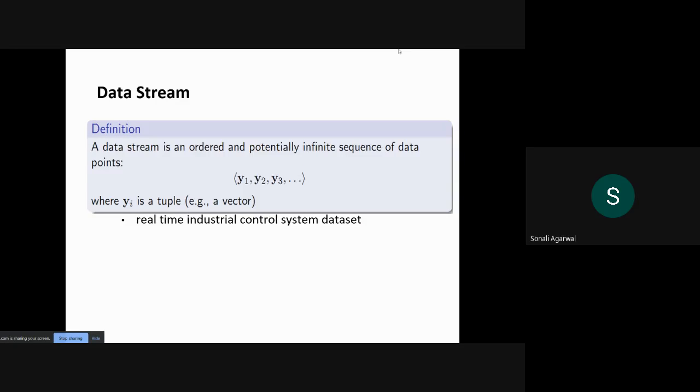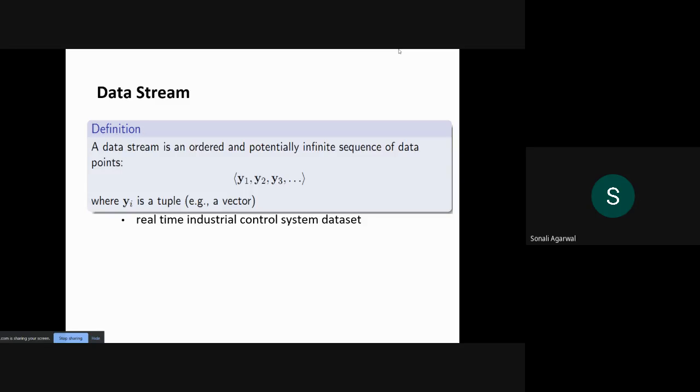And we have no time to wait for the complete data to arrive. So certain applications are there where we need to respond immediately based on whatever we have at that particular time. So this is the concept of data stream. Basically most of the time data is reaching us in terms of a stream.